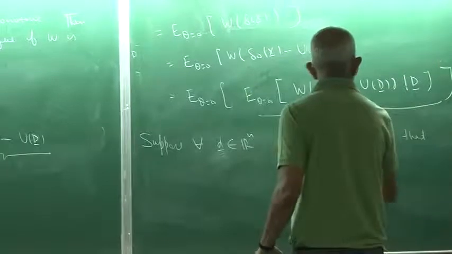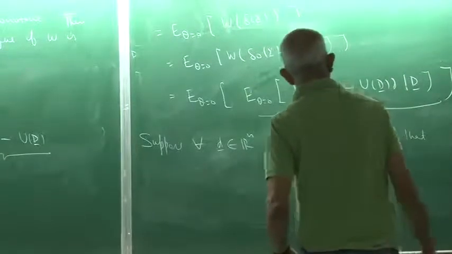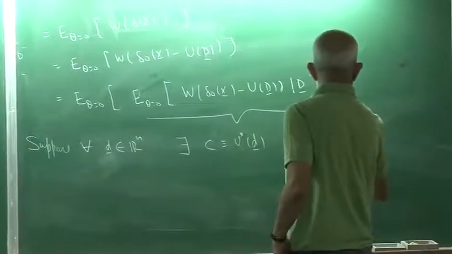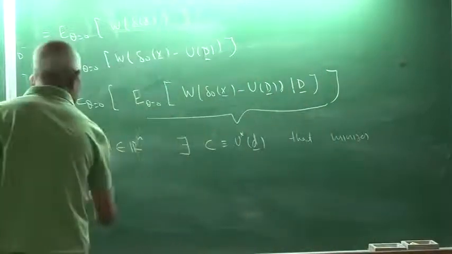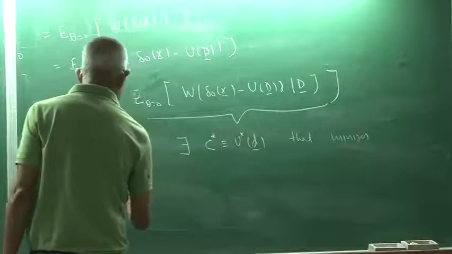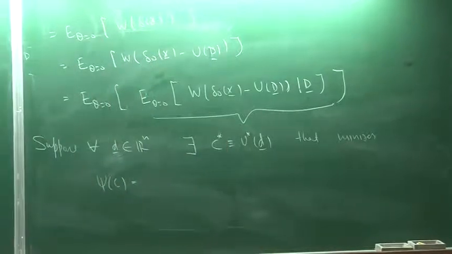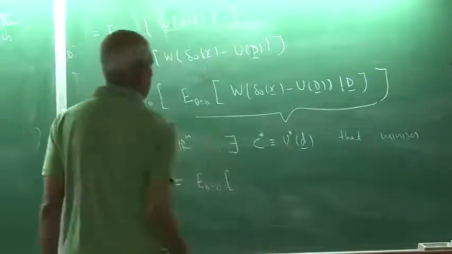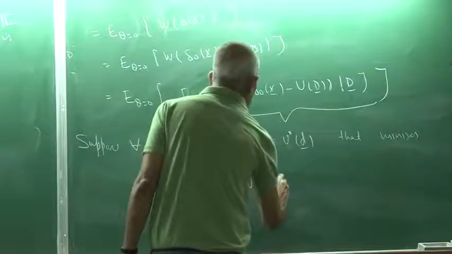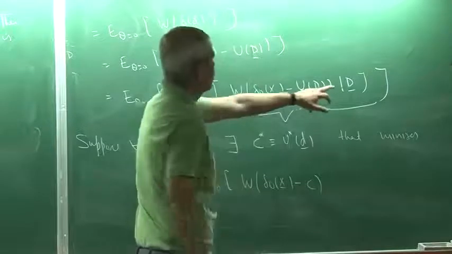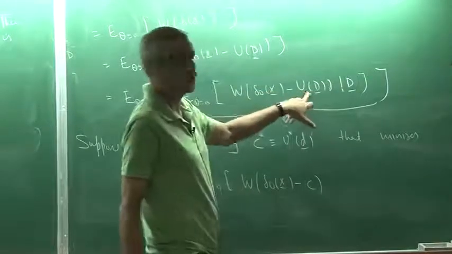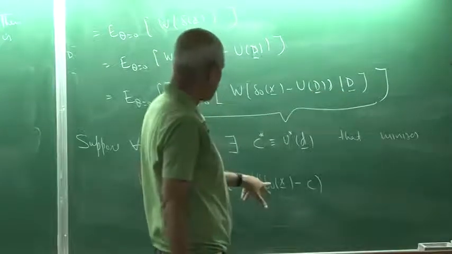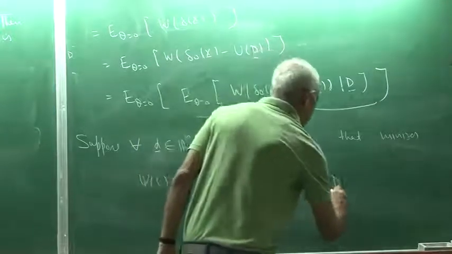Let me call this u star of d. There exists a constant c, the same as u star of d, that minimizes psi of c, which I am writing as a function, where c is used as a variable and c star is a fixed quantity. It is the expectation of W of delta naught x minus c, because for a fixed d this is a constant. So I am trying to minimize this quantity for every fixed d, which is equivalent to saying that I minimize the expectation of W of delta naught x minus c for every fixed d.